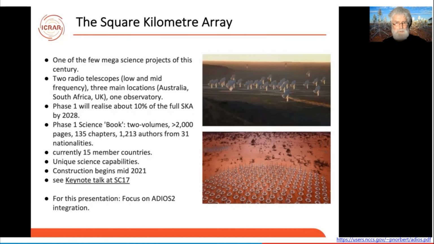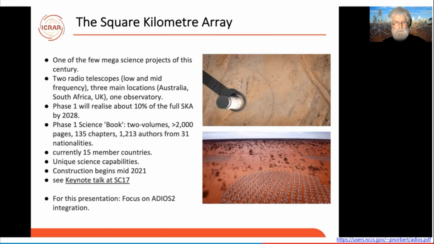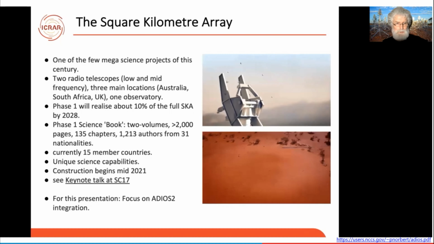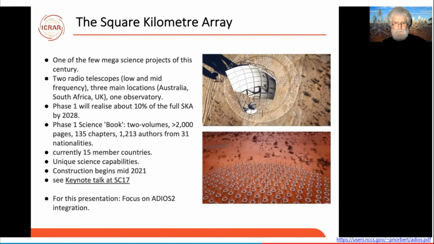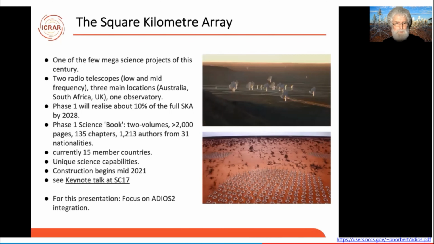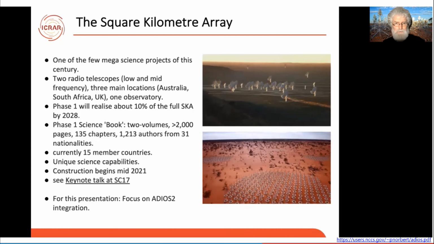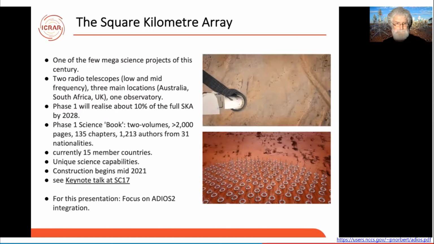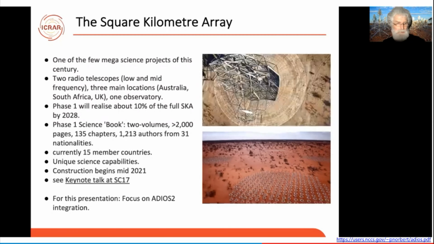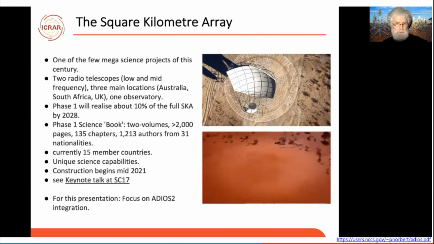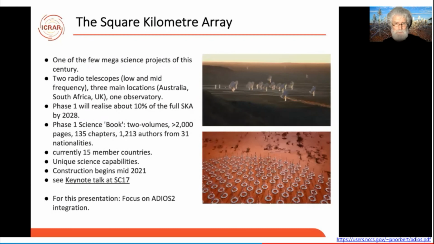Phase 1 will realize about 10% of the full SKA by 2028. And the Phase 1 science books consisted of 2 volumes, more than 2,000 pages, 135 chapters, and more than 1,200 authors from 31 countries. Currently, there are 50 member countries in the intergovernmental organization. Construction will begin mid of 2021.